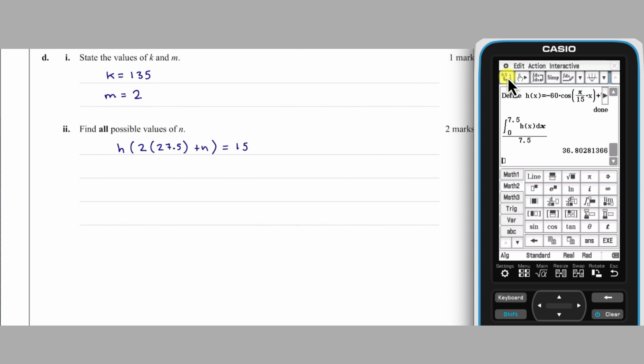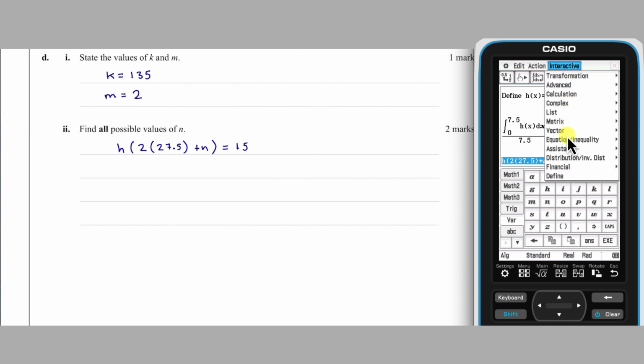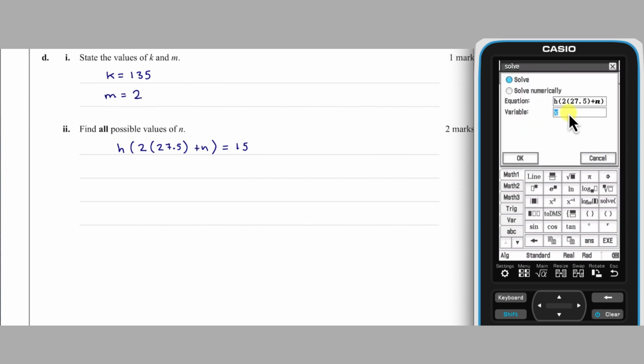We can solve this for n using inverse operations or by using our ClassPad, via interactive, equation and solve, with the variable set to n.